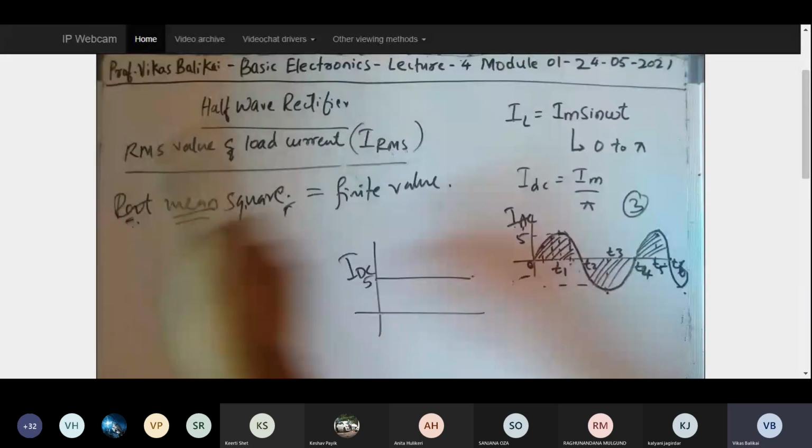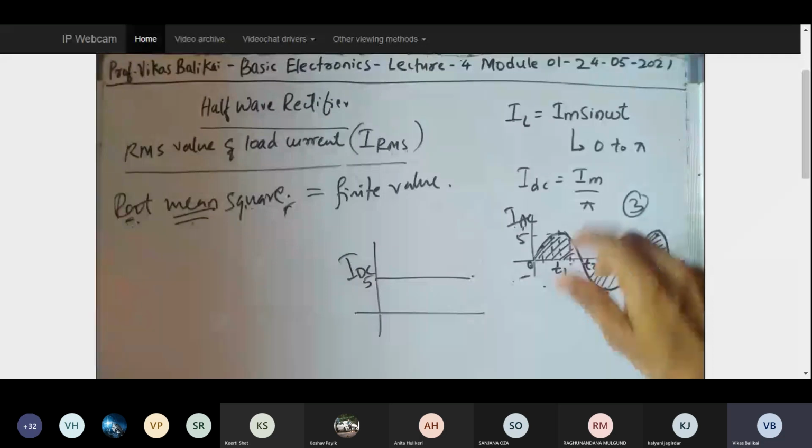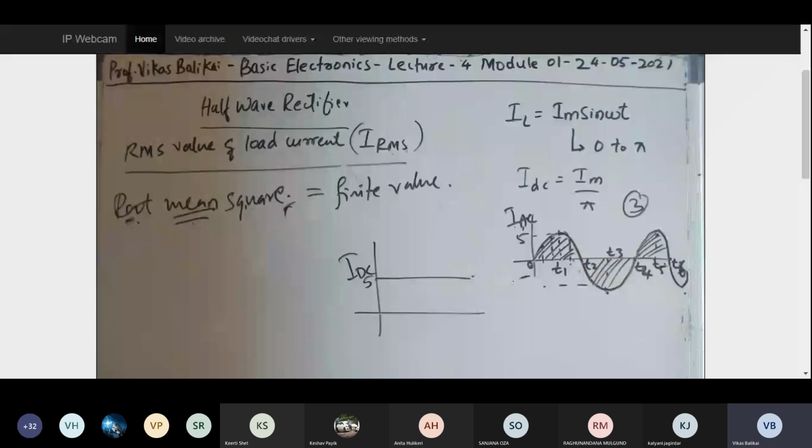Because of root mean square, this entire stuff became a positive finite value, and my DC current is also a positive finite value. And if I do that, my IDC and IAC will both have a finite value. So that means RMS is a mathematical quantity which is used for comparing both alternating and direct currents, or both alternating and direct signals.